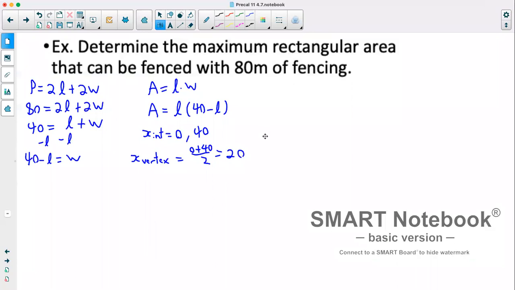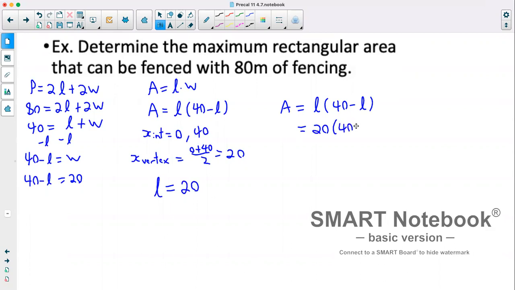So we know that our length is equal to 20. Now we can substitute that into our width equation to get our width, which is also 20. And we can also go back to our original area equation. Area is length times 40 minus our length, substitute in our 20. So we've got 20 times 40 minus 20. So we have an area of 400 meters squared.